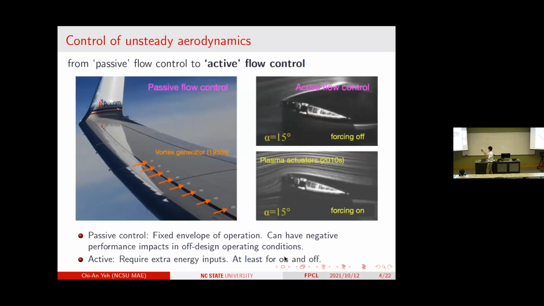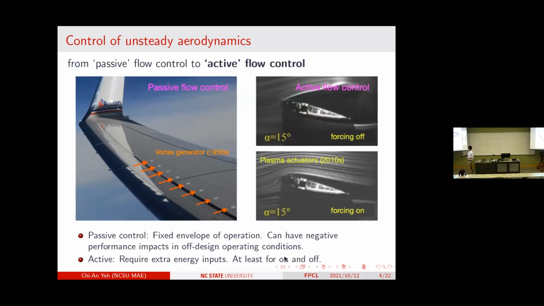Well, I want to go back to the traditional versions of flow control, what we call passive. And you've probably seen this a lot. But now we're moving on to the active, the idea of active flow control. All right. Passive control, you see these vortex generators.